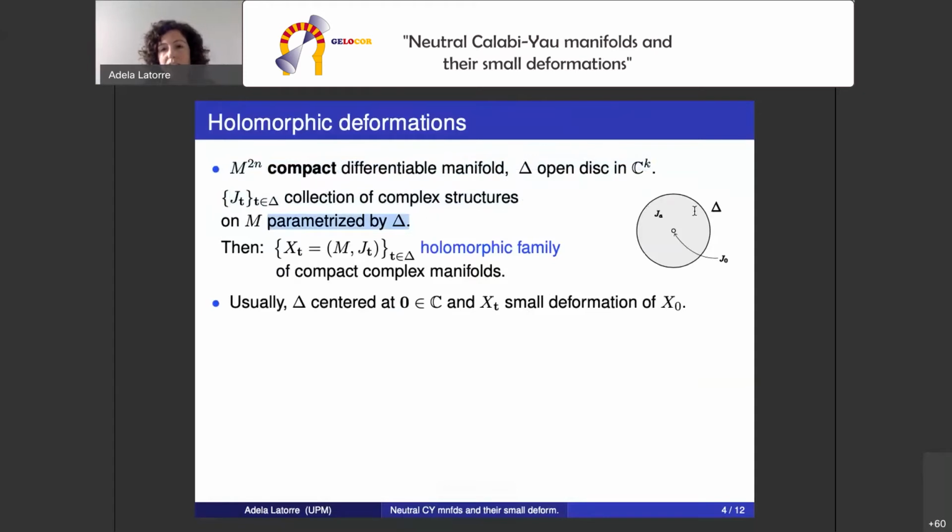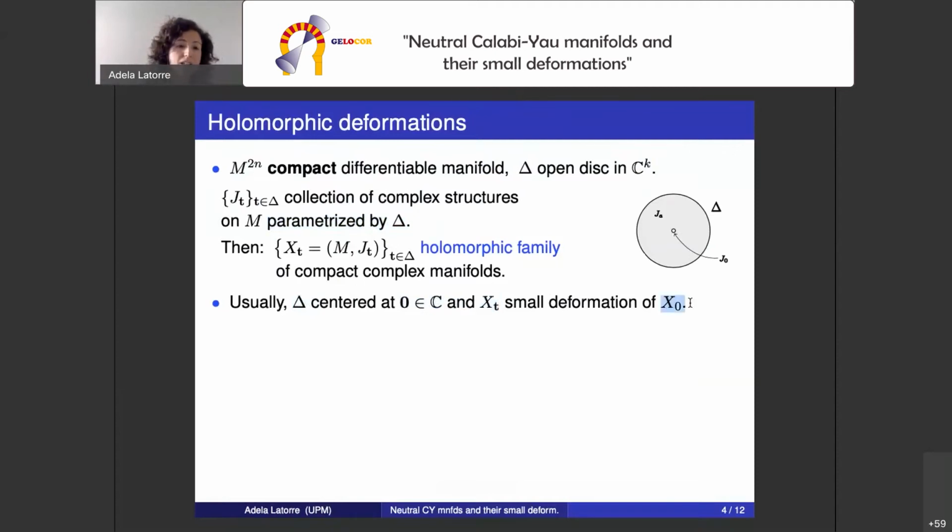So the real manifold is always the same, but we change the complex structure, and thus we get different complex manifolds. We can think that they are close to each other because the complex structures are close to each other, let's say. In general, we assume that the disk is centered at the origin in C, and we usually say that X_t is a small deformation of the central point.